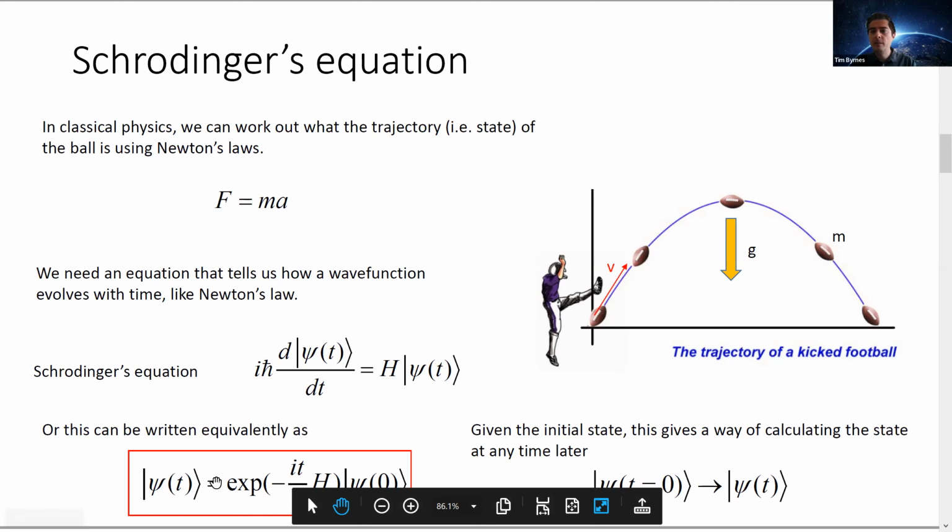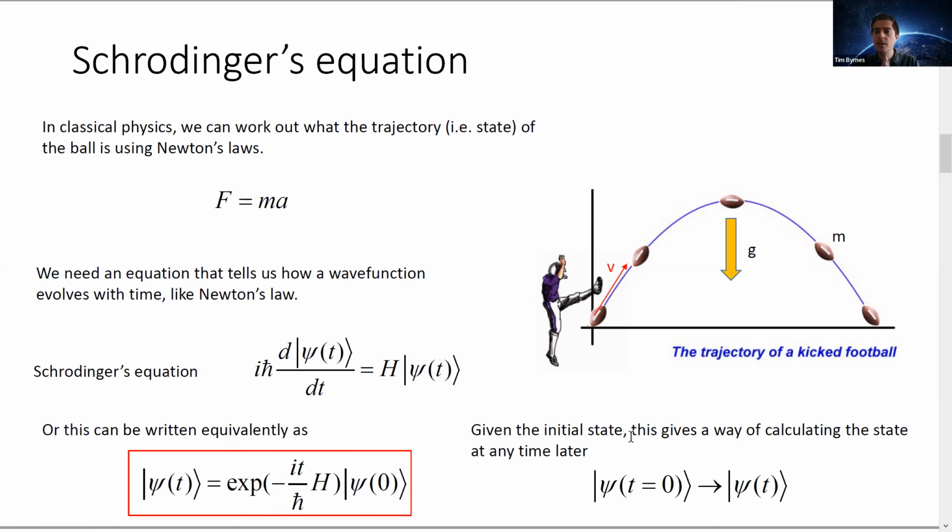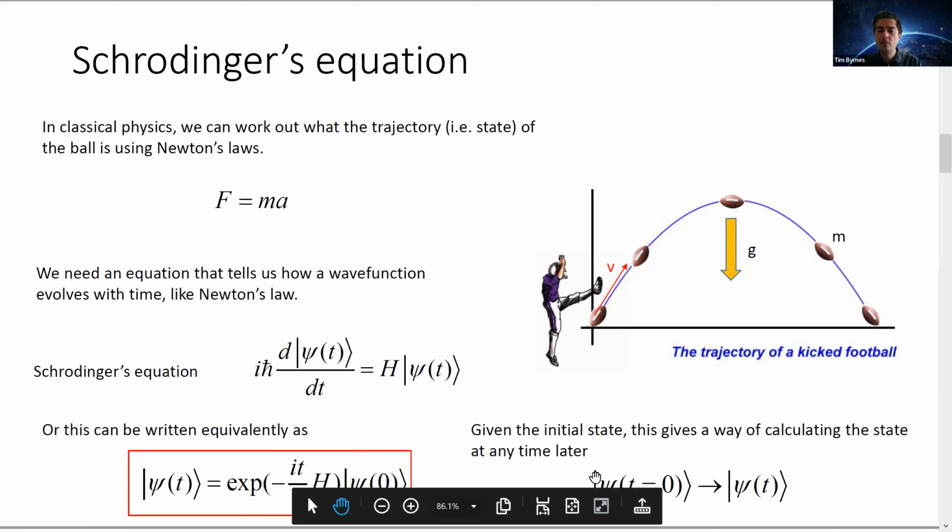Now I'm going to explain what all this stuff means in a minute. But just for now, all I want you to understand is that basically the whole point of Schrodinger's equation is to figure out what time evolution is.